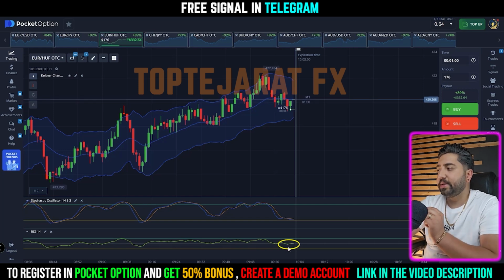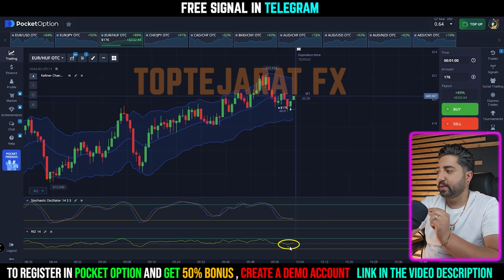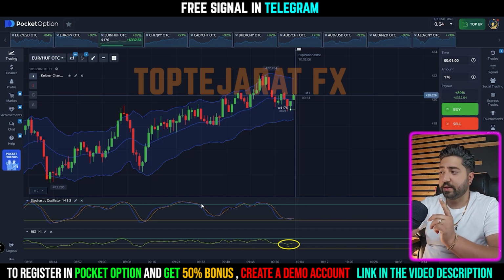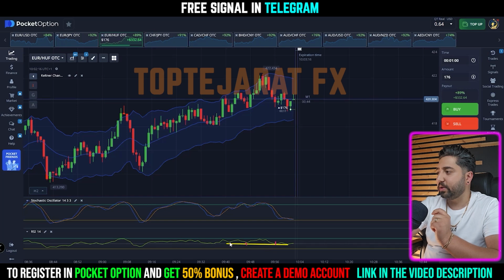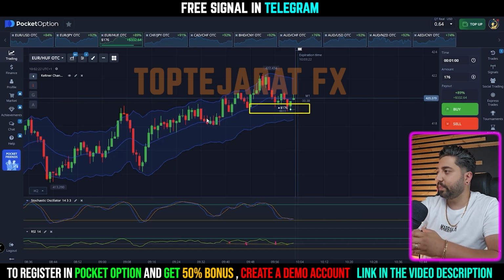Look at this, break green line, smart break here. And we have a second confirmation in the RSI. Another confirmation in the RSI, confirm the path of the market. Look at this, one touch here, and touch here. So here is a good area to enter the market for buy.